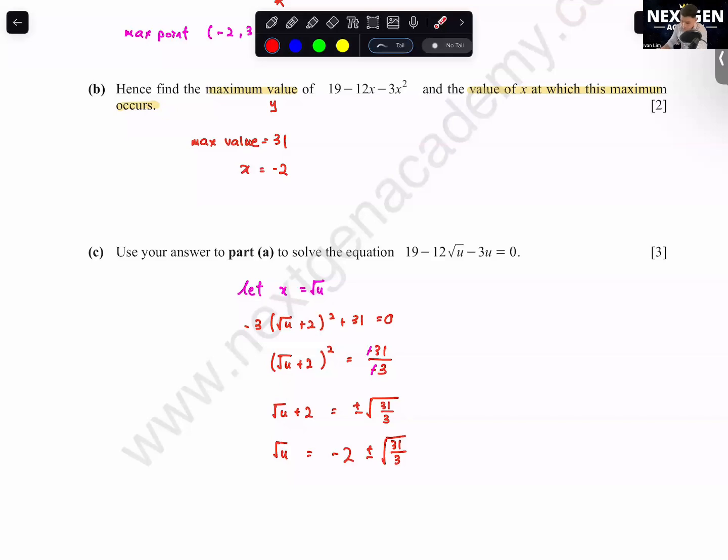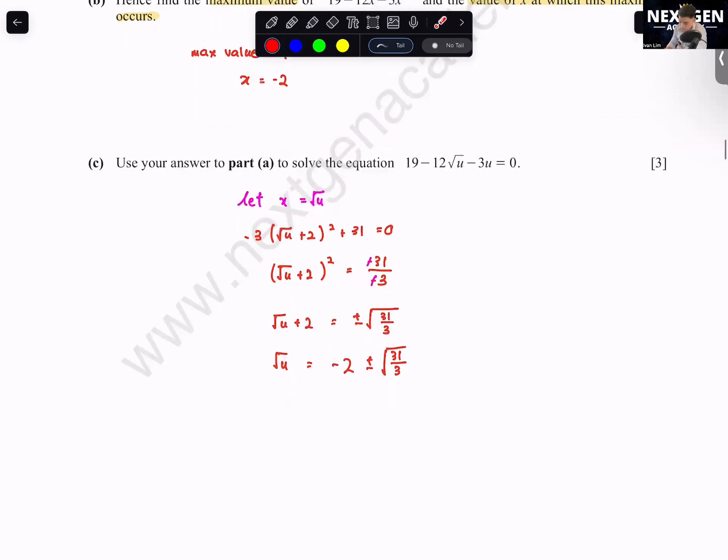In short, we don't have to understand so deep, but like that, plus minus, you have to select which value you want to use. Here, you just take the positive one. So square root u equals negative 2 plus square root of 31 over 3.